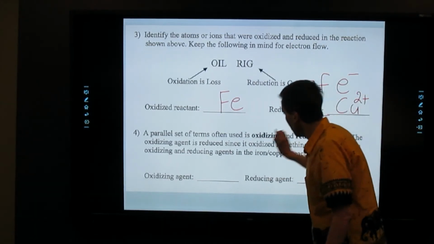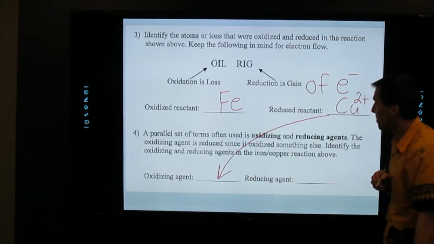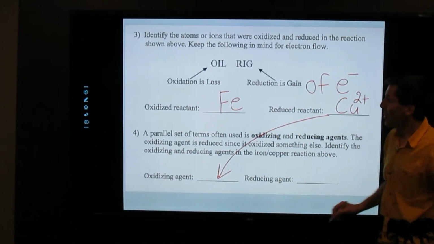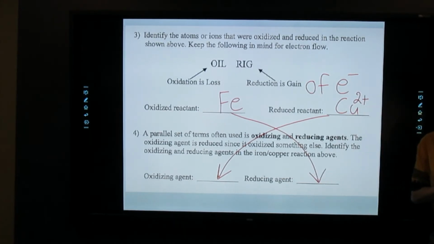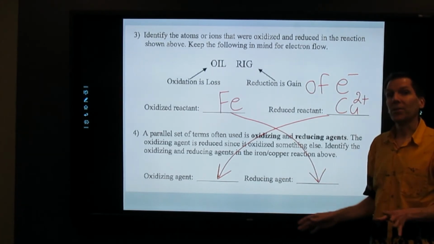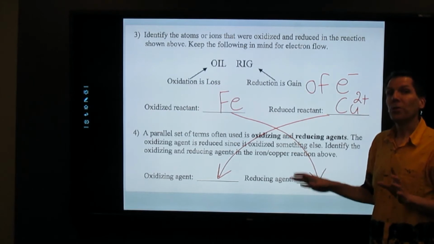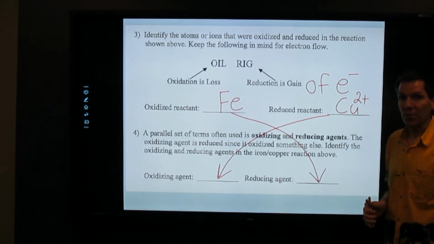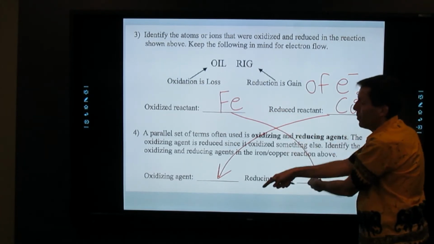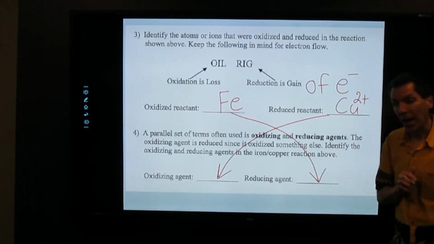And so this just goes here, and then the reducing agent is the Fe. And so once again, for a problem like this, you never choose the products. The only answers can be the reactants. And if you can get these two, just crisscross them and you'll be okay.